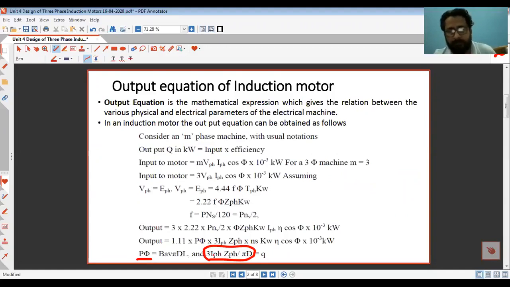So I into Z, phase current into phase impedance divided by the circumference, is the specific electric loading Q. It is denoted here by Q, but generally in DC machines we denoted it with AC. The notation used there was AC, but the concept is the same.